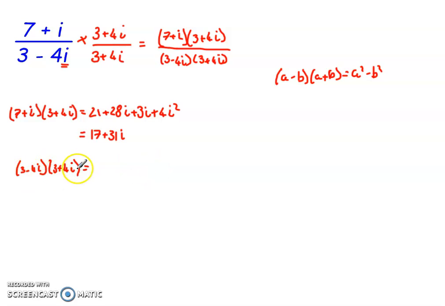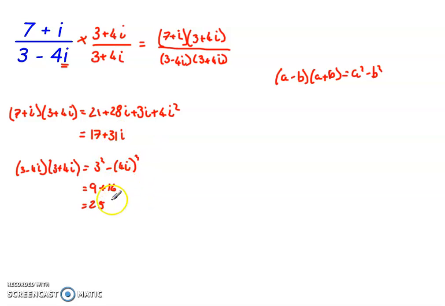So in this question, my a is 3, so that'll be 3 squared, take away my b, which is 4i, squared. So my 3 squared is 9, take away 4i squared, which is 16 times negative 1, so it's negative 16, 3 minus minus 16, plus 16, so that then gives me 25.